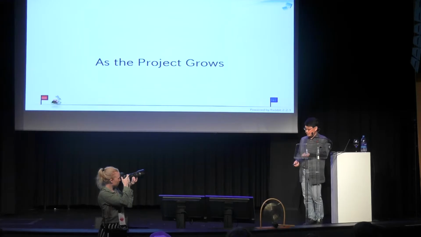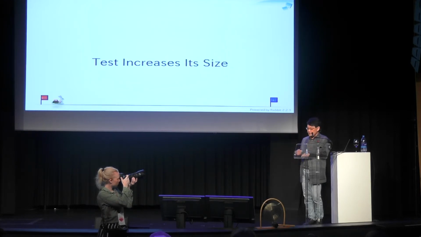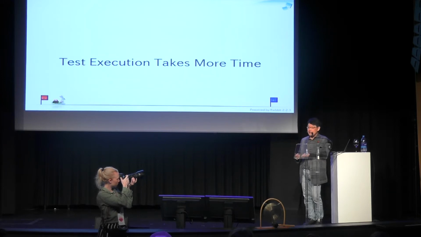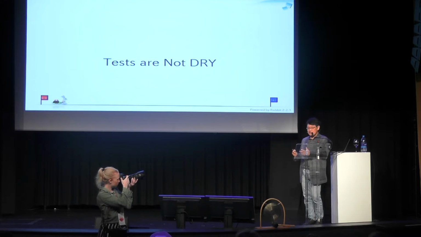These days static typing is pretty popular in programming languages. For example, recent languages like Rust, Go, or Swift are all statically typed. As the project grows, the test becomes a burden. The test increases in size, and then test execution takes more time. But tests are not DRY.